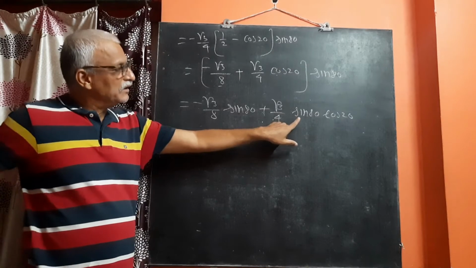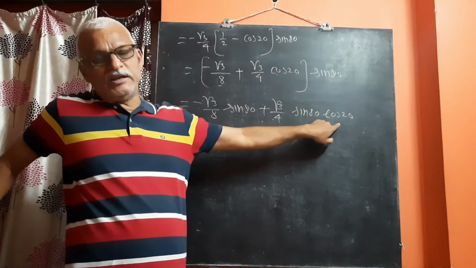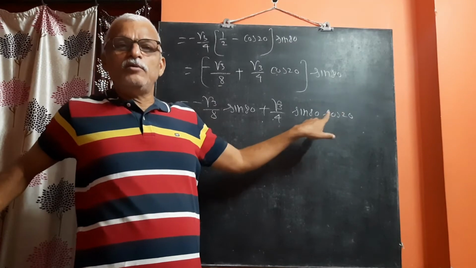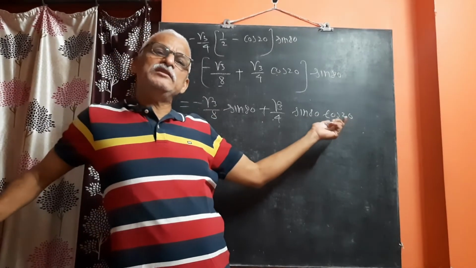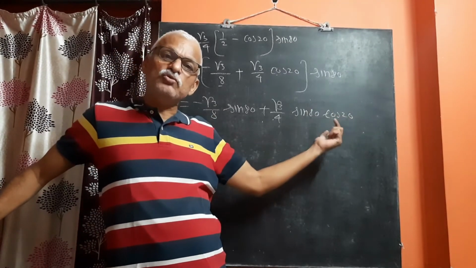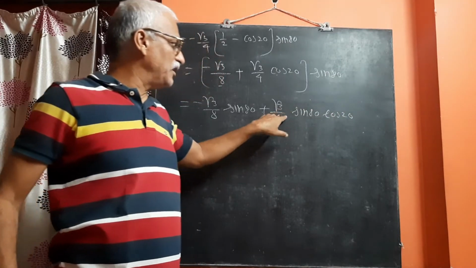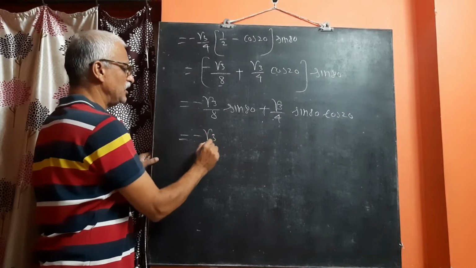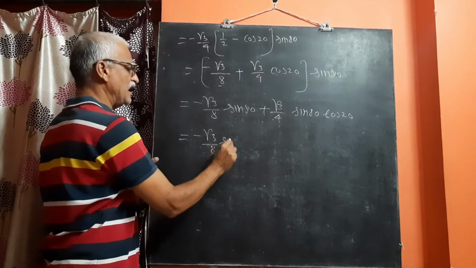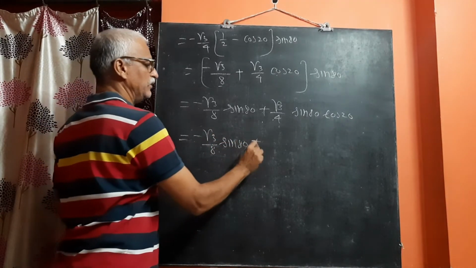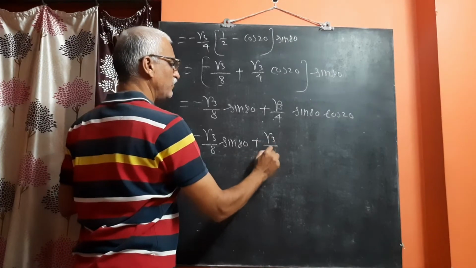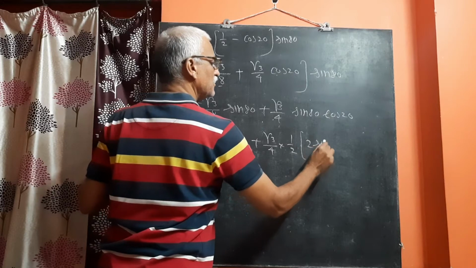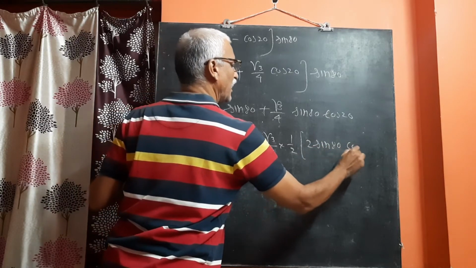Now again, this is in the form of sin A cos B. But in the formula for sin A cos B, there is a 2. So again, multiplying and dividing by 2, we can adjust this term as minus root 3 by 8 sin 80 plus root 3 by 4 into 1 by 2 into, in brackets, 2 sin 80 into cos 20.